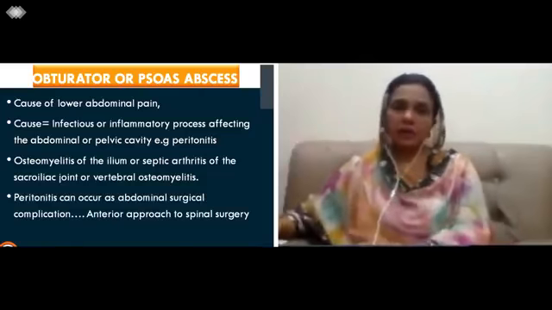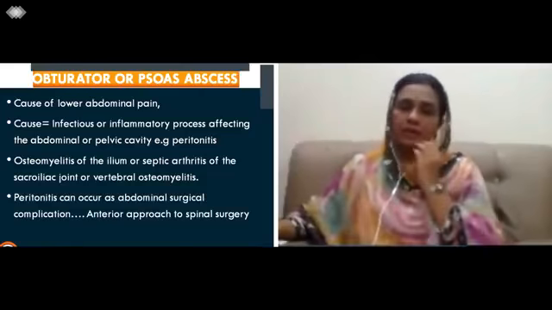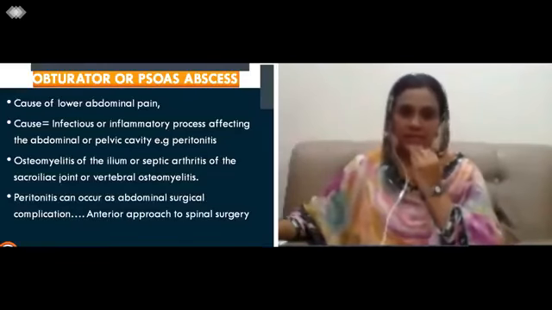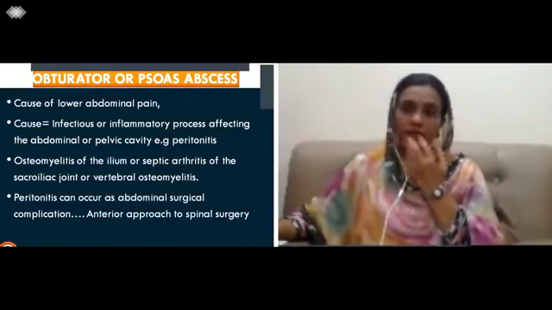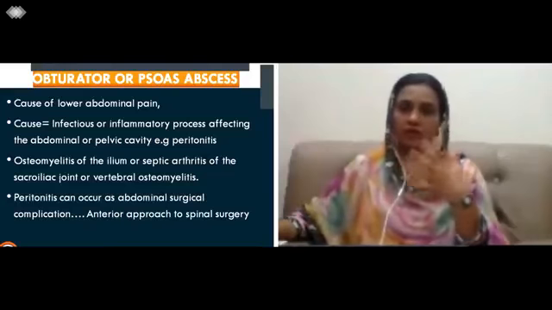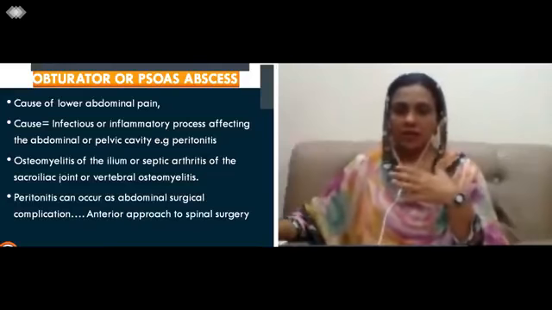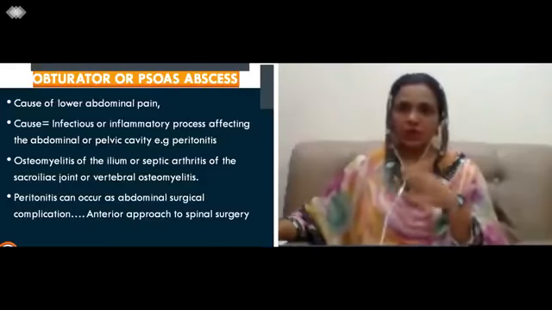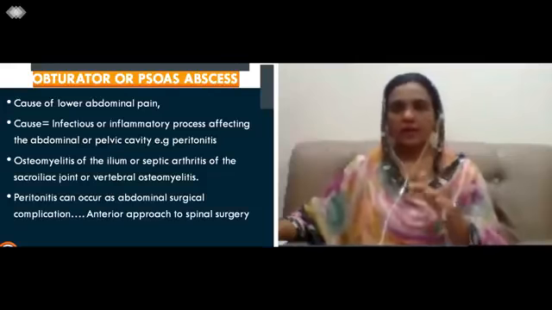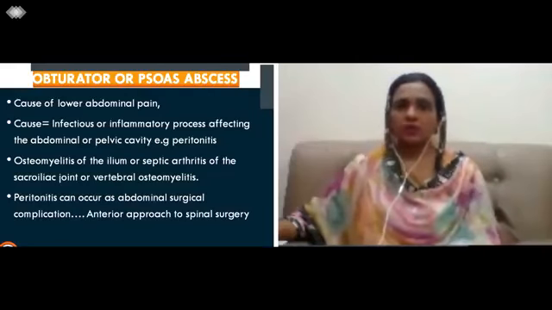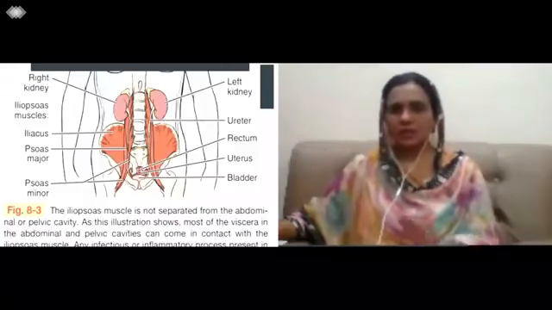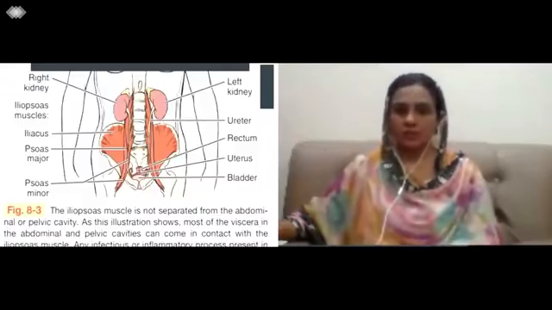So sometimes peritonitis can also occur as a complication of abdominal surgery. So if you need to investigate in case of surgery, like for spinal surgery, if anterior approach is used, then there are chances of infection and peritonitis that can involve your obturator or psoas abscess. So what is the reason why obturator or psoas muscles are involved in this kind of infection?